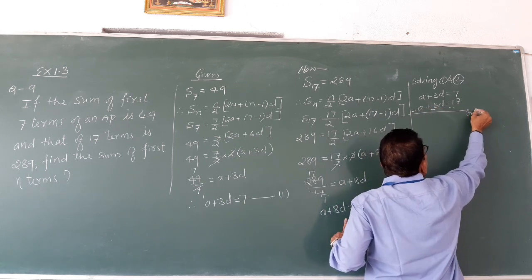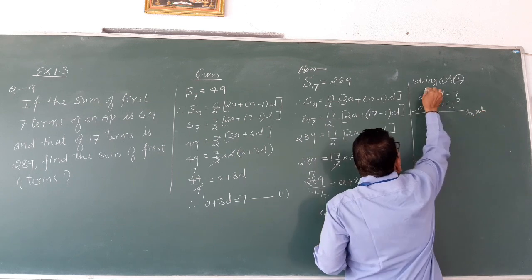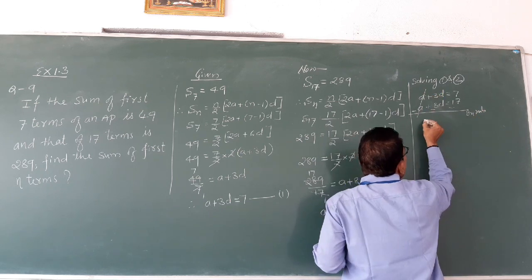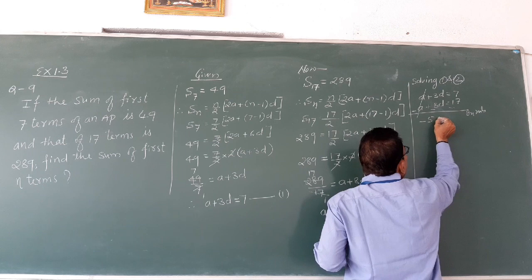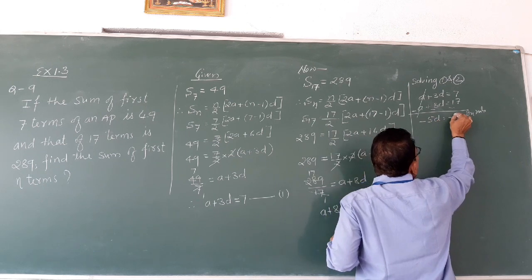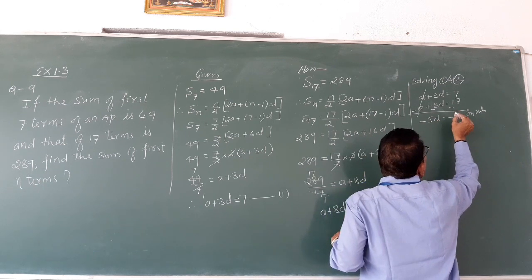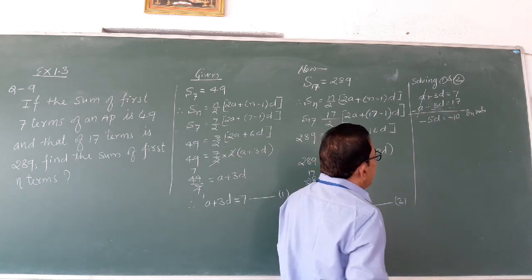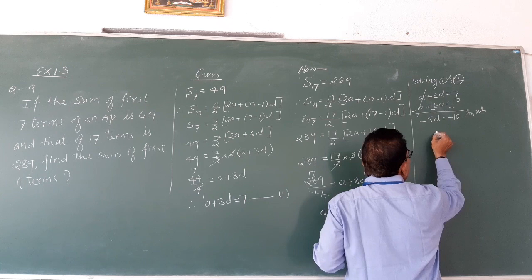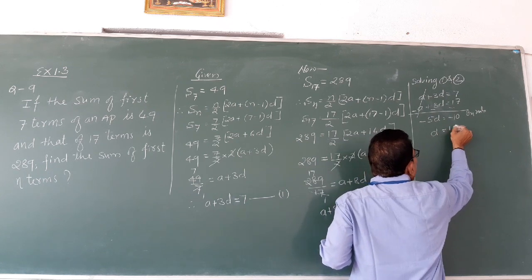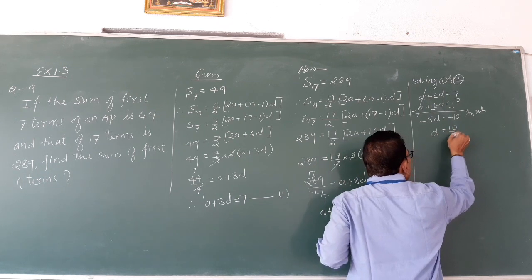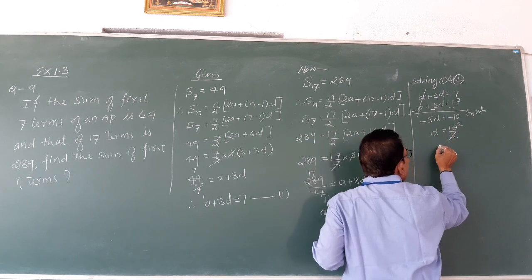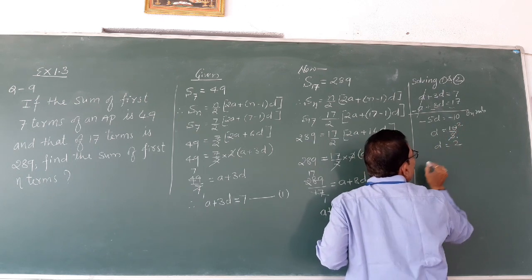By subtracting, a minus a gets cancelled, minus 5d equals minus 10. Signs are the same. Therefore, d equals 10 by 5. Therefore, d equals 2.